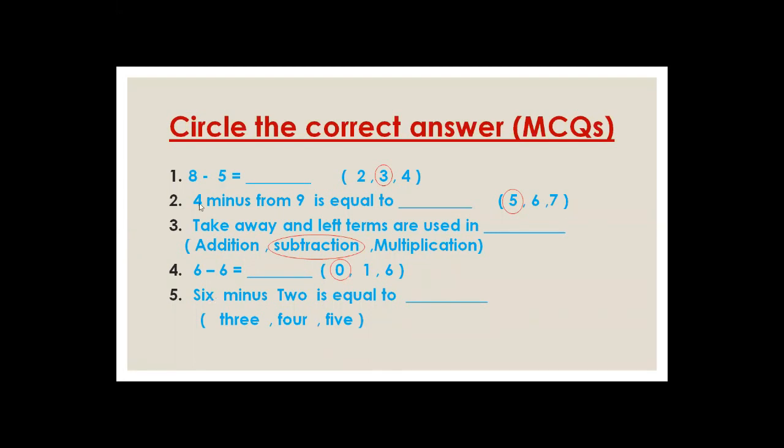This is like 8 minus 5, but in mathematics we write through symbols and numbers, while in a sentence we write the spelling. 6 minus 2 is equal to dash. What is the answer? We get the answer 4. So we circle 4, F-O-U-R, 4.